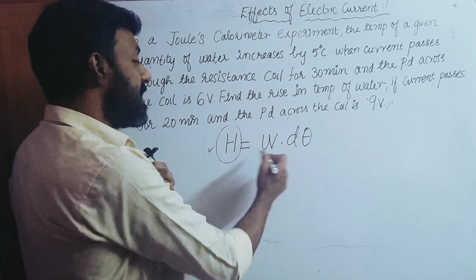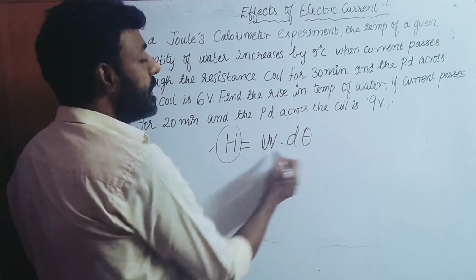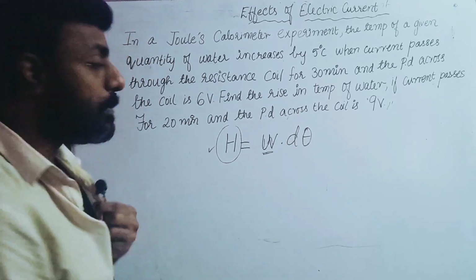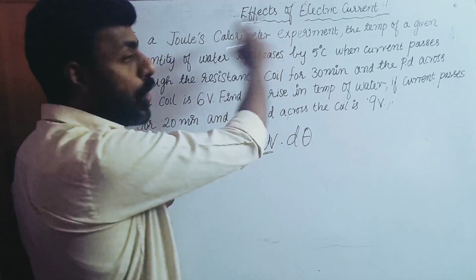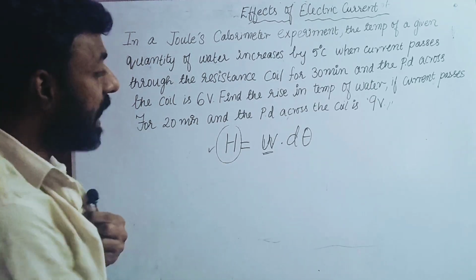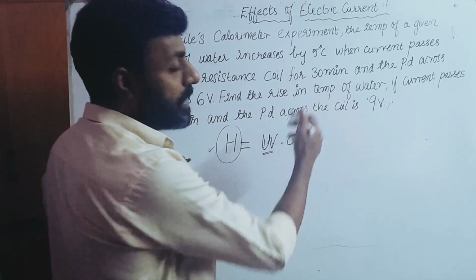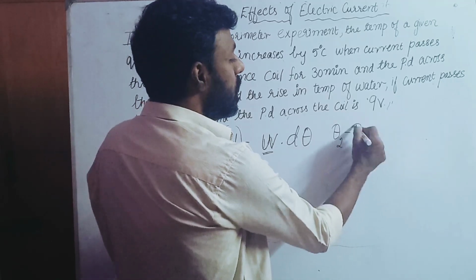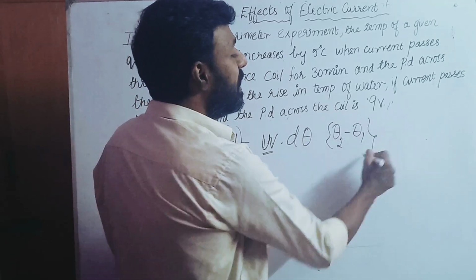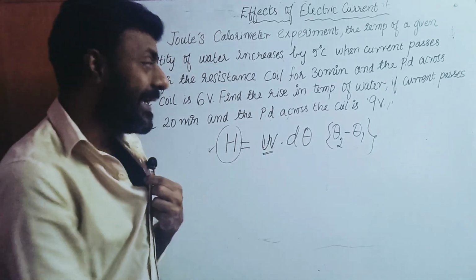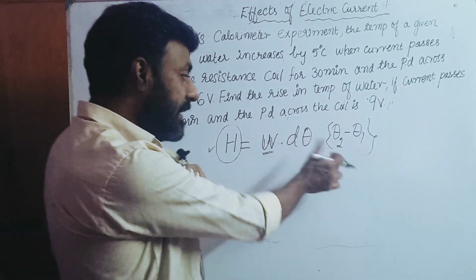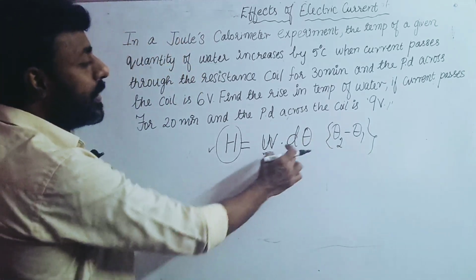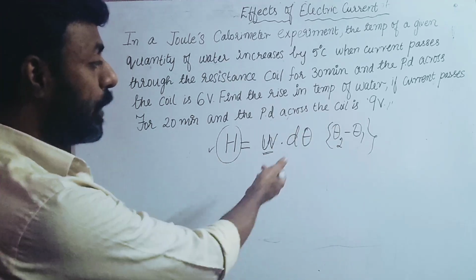That heat energy is equivalent to W into d theta. What is W? W is nothing but the heat capacity of the calorimeter apparatus. And d theta is the change in temperature. Change in temperature is theta 2 minus theta 1. Theta 2 is the final temperature and theta 1 is the initial temperature. So that is d theta. So H equal to W into d theta. This is the formula I'm going to use.